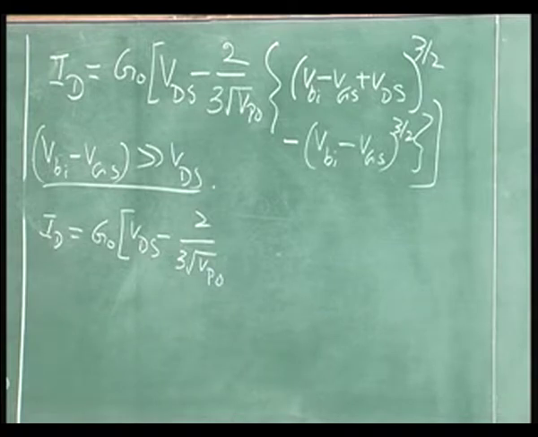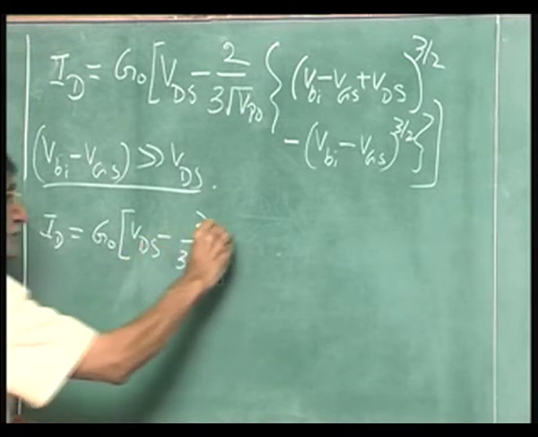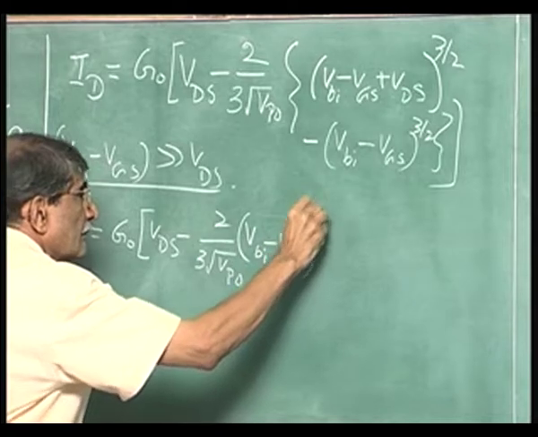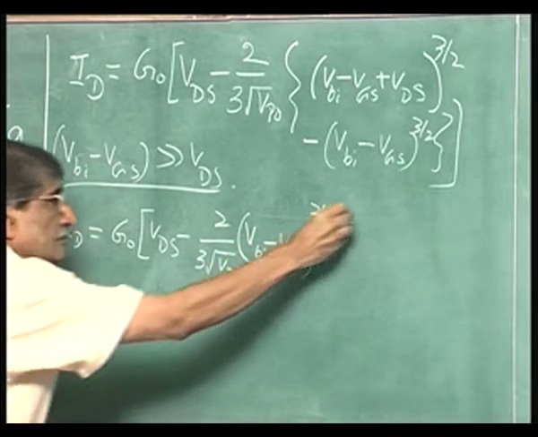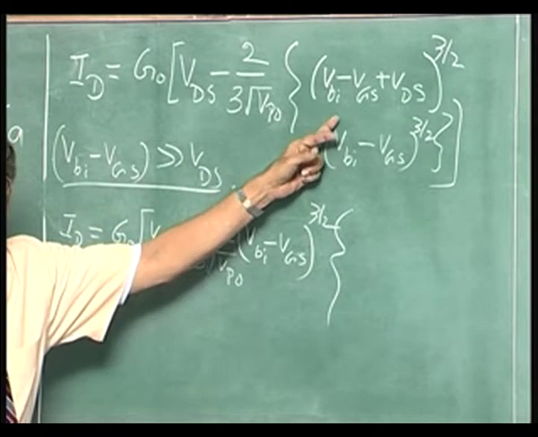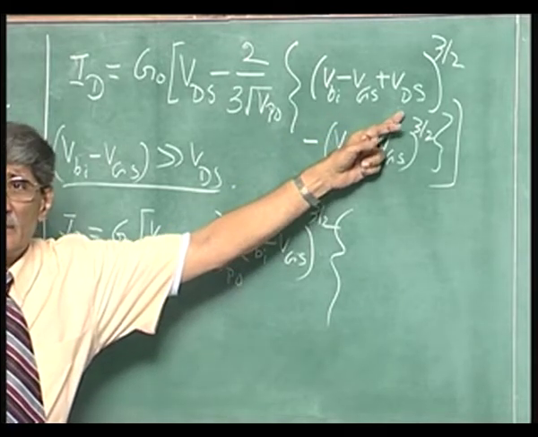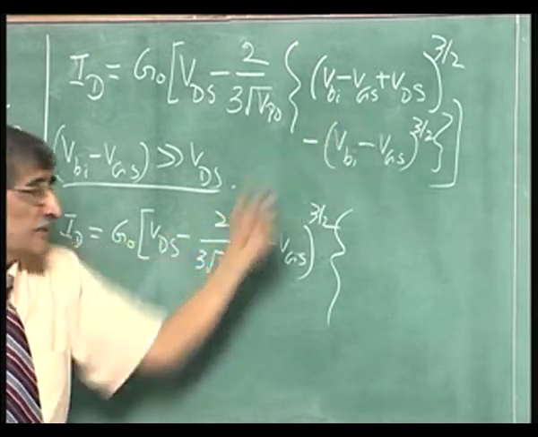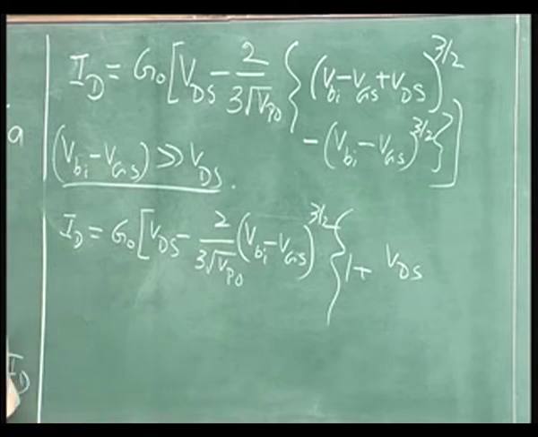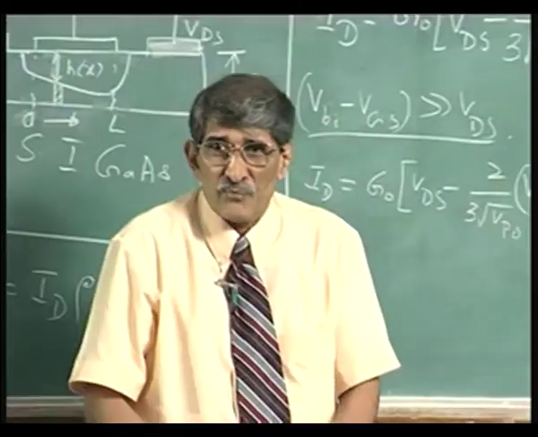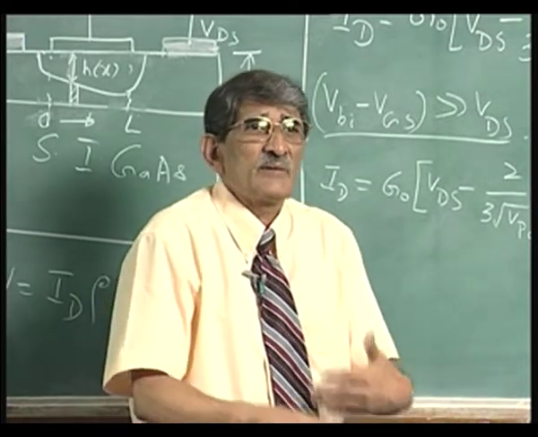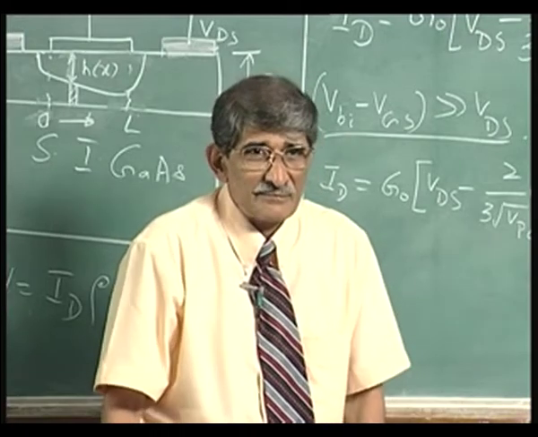I will pull out that V b i minus V g s to the power of 3 by 2 into, what do you get now? 1 plus V d s divided by V b i minus V g s. 1 plus x, where x is small, to the power of n, binomial expansion is 1 plus n x, taking one term.